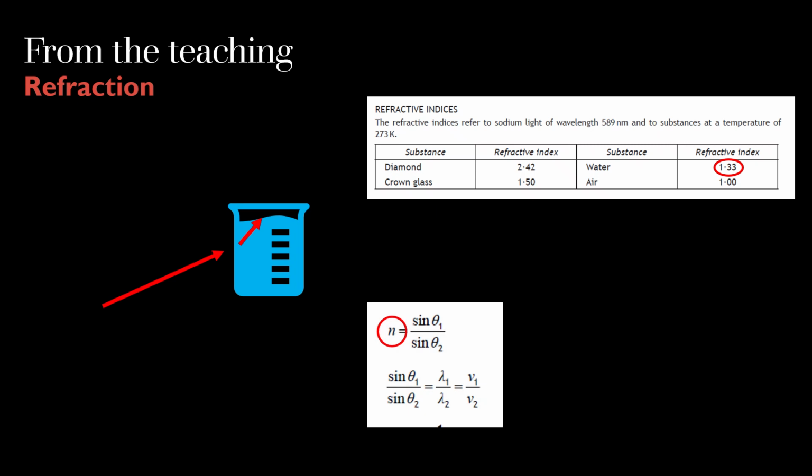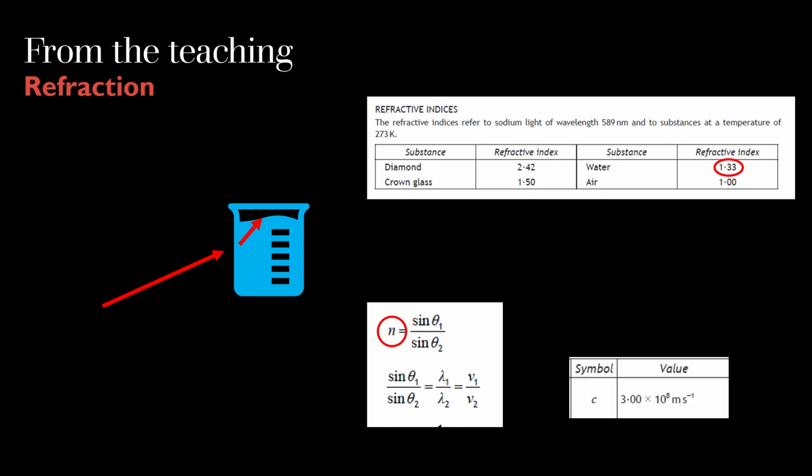We can see that n is equal to the ratio of 2 angles, or 2 wavelengths, or 2 speeds. So we know n, and we know, because it's in the data sheet as well, that the speed of light through air or through a vacuum is c, 3 times 10 to the power of 8 meters per second. That should allow us then to calculate the other speed, the speed that it is in water.